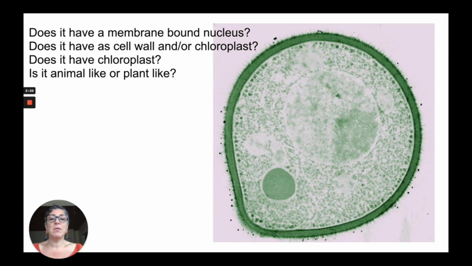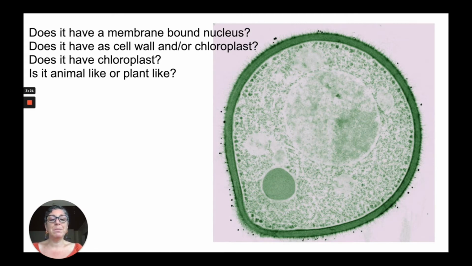Does it have a cell wall and or chloroplast? Well, it does have a cell wall. You can see that very thick green structure around the cell. Does it have chloroplast? And the answer there is no. Chloroplast would be fairly large in relation to the other structures in the cytoplasm, and so the answer is no.